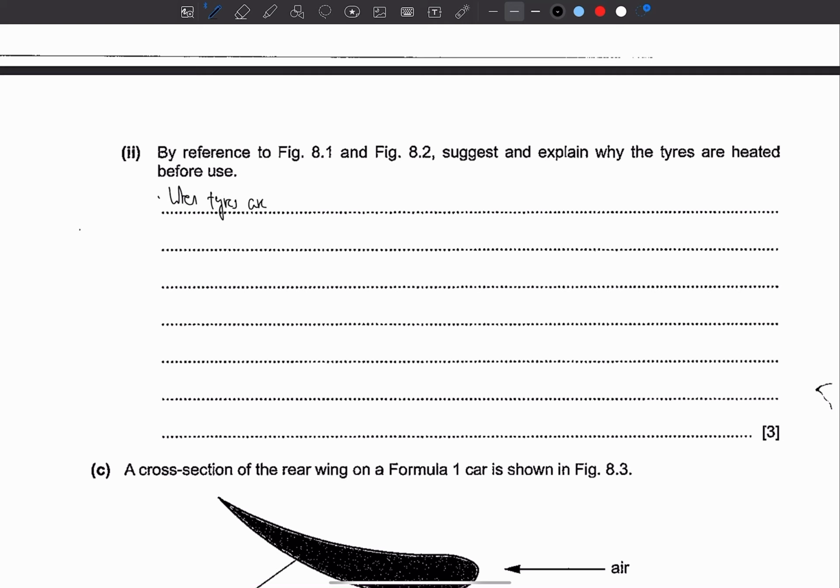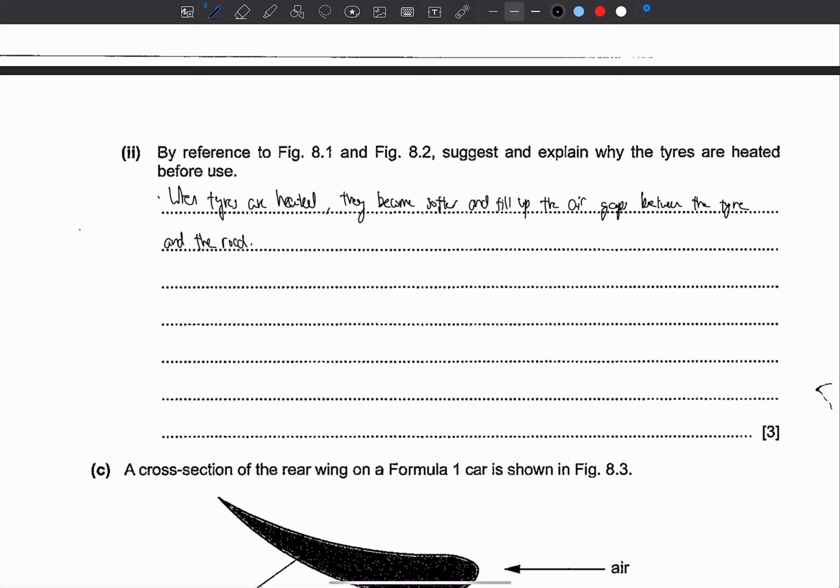When the tires are heated, they become softer and fill up the air gaps between the tire and the road. What does this do?